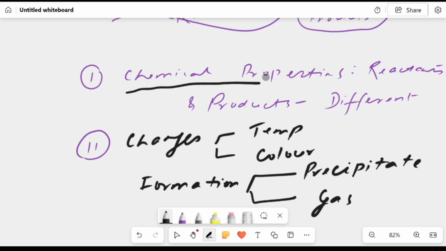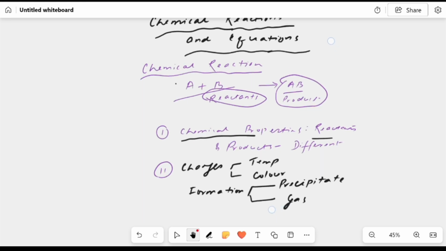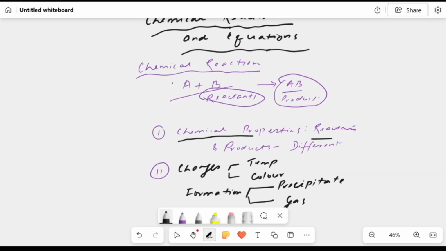The chemical properties of reactants are quite different, and the products are quite different. So the product which has been made from the reactants, their chemical properties are quite different from the reactants.